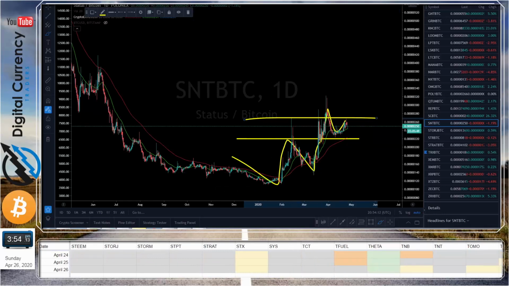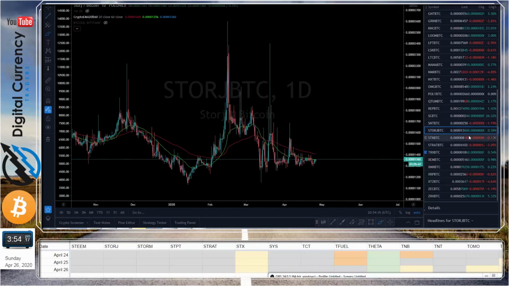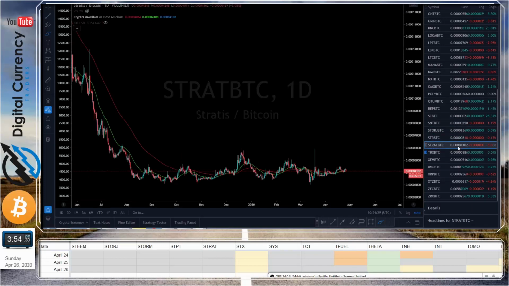Let's go on to STEEM now because we're getting through these. Neutral. STR is in storage. STR. Strat. I'm missing a few. I'm in Poloniex.